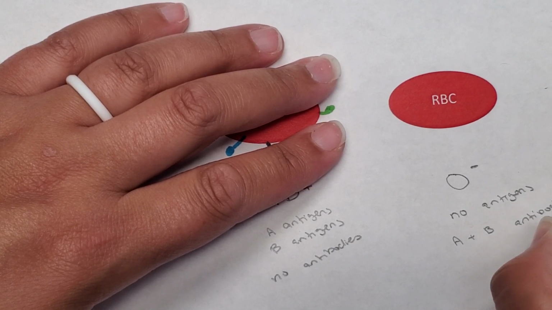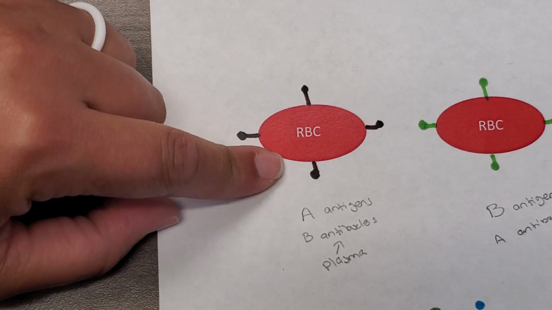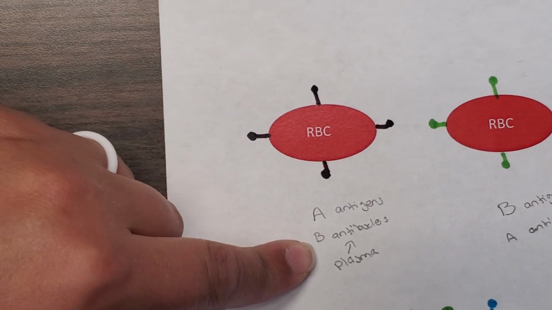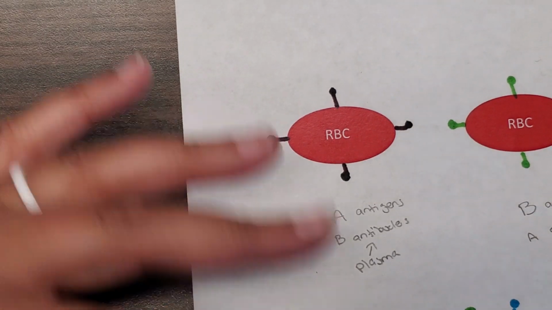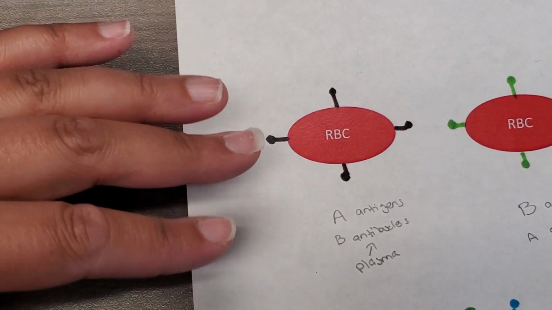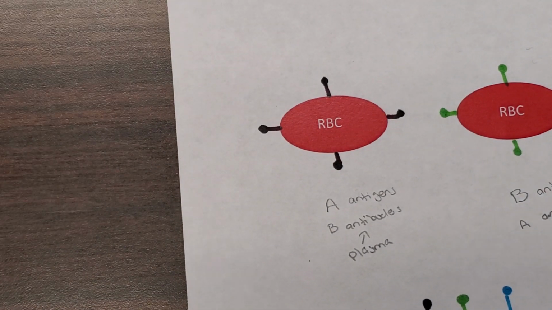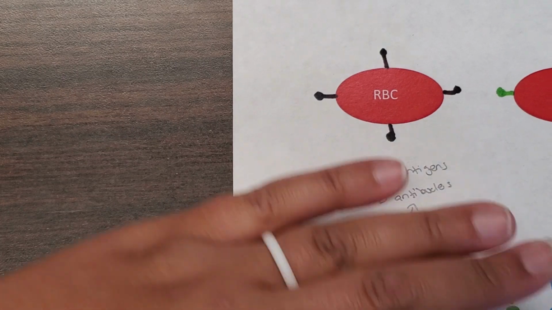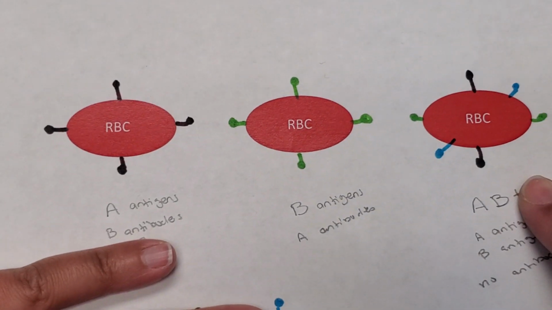So whatever antigens it has, it has the opposite antibody. Again, blood type A has A antigens on the surface and the B antibodies in the plasma. Okay, so that just shows you what our blood types are and what antibodies are present. But again, for blood typing, that is not what we're going to be focusing on. Instead, what we're really going to focus on is what is on the surface of the red blood cells, okay?